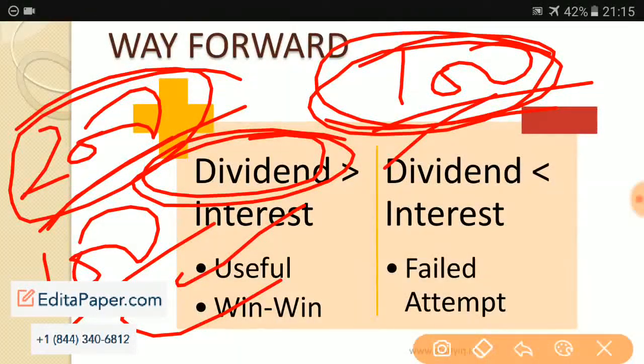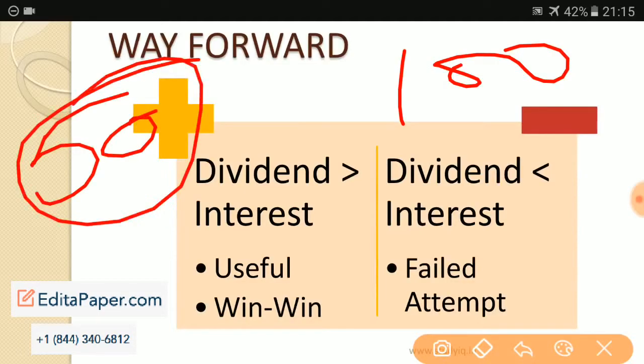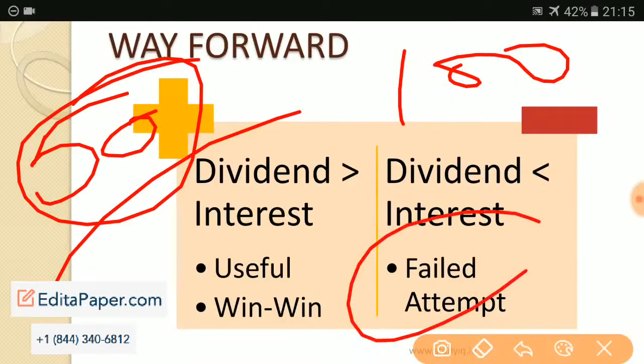Let us say the interest liability is 100 rupees and the dividend you are getting is 50 rupees. Then your fiscal deficit would increase, and this capital infusion would turn out to be a failed attempt, because even after capital infusion, banks would not be able to perform well, and their profitability and dividend would remain low.